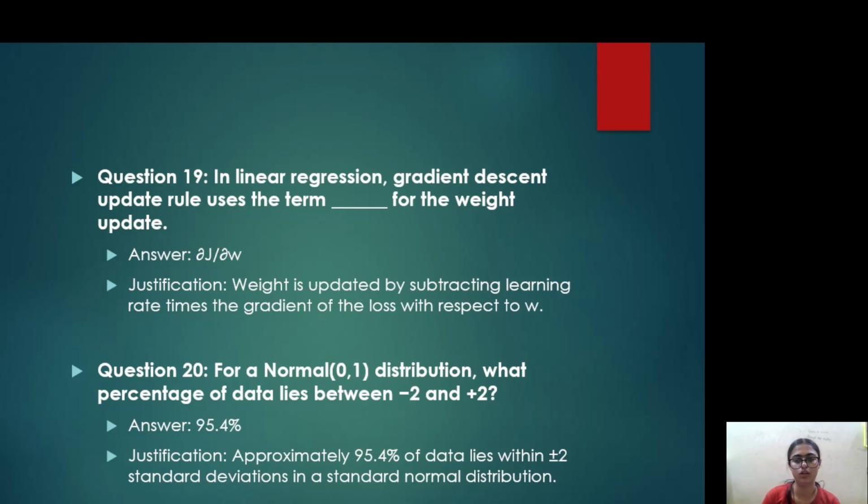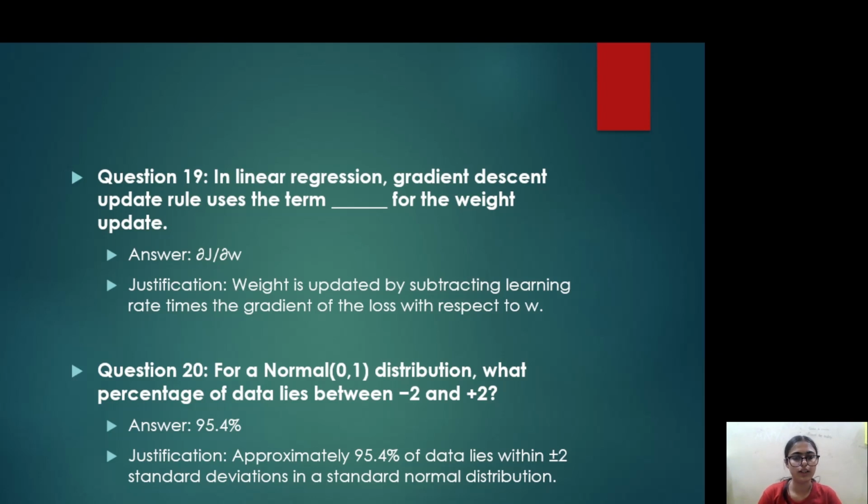The 68% rule says that the data lies within +1 to -1 standard deviation. The 95.4% rule tells that data lies within ±2 standard deviations, and 99.7% lies between ±3 standard deviations. So between -2 and +2, we have approximately 95.4% of all the data values.